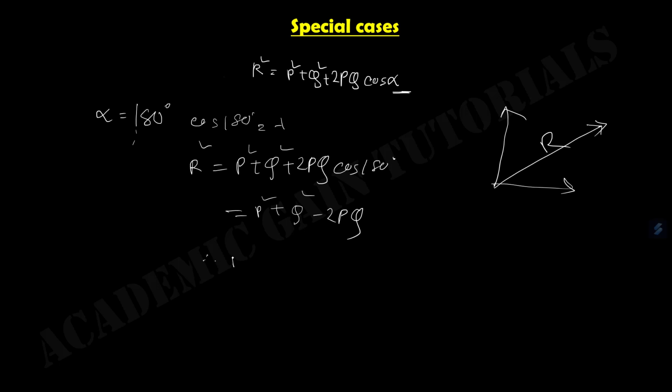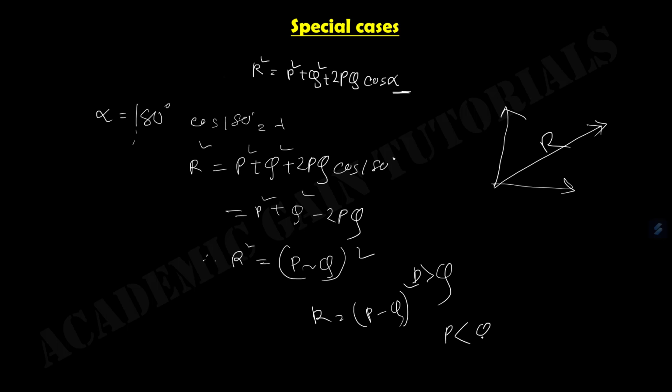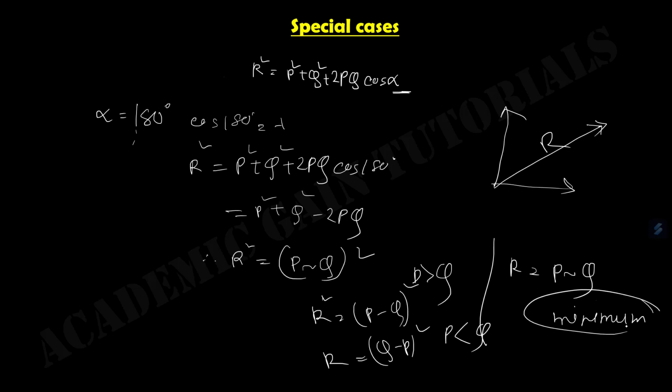So we can write R square equals P minus Q whole square. If P is greater than Q, then R equals P minus Q, or if P is less than Q, then R square will be Q minus P whole square. From that we can write R equals the difference of P and Q. This is the minimum of the resultant. So this is another special case.